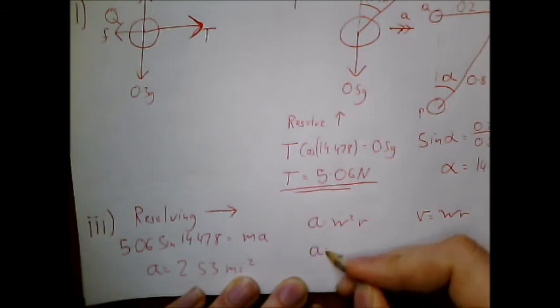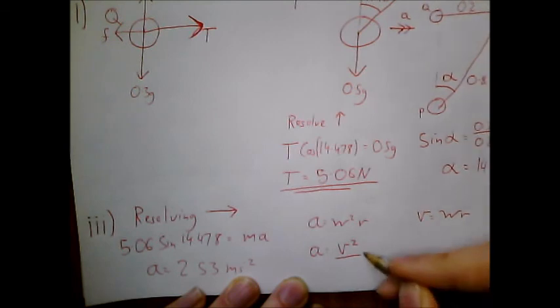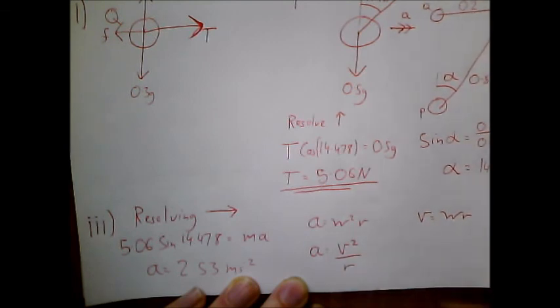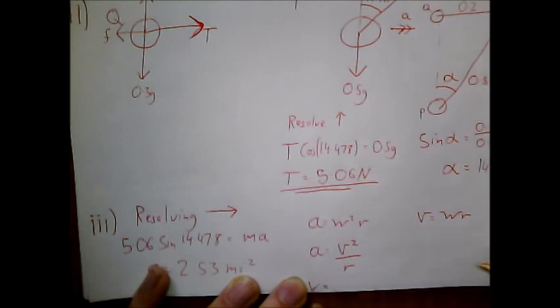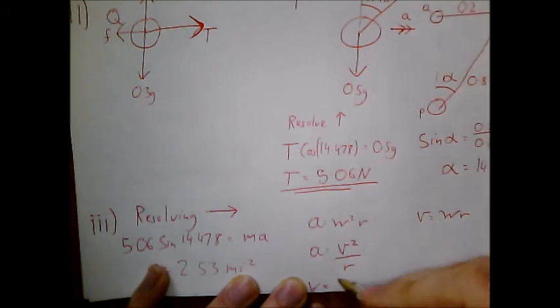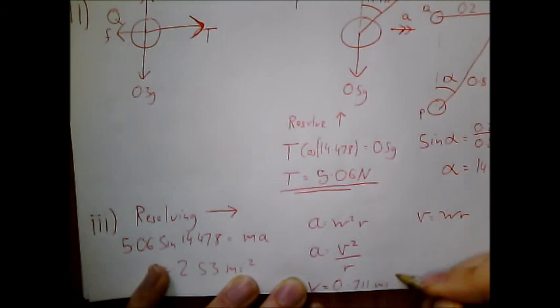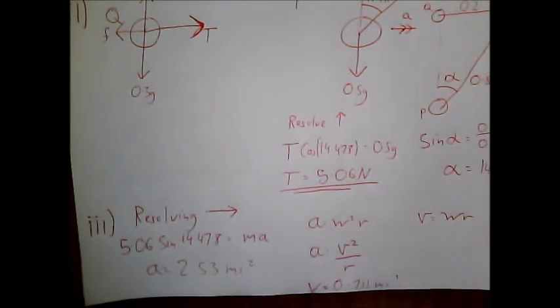So a equals v squared over r. And now we can work out the velocity from here. It's quite simply 0.711 metres per second. And that is question 6 finished.